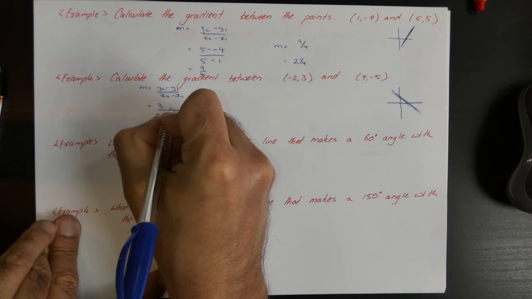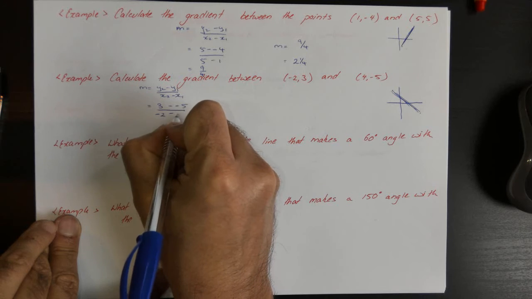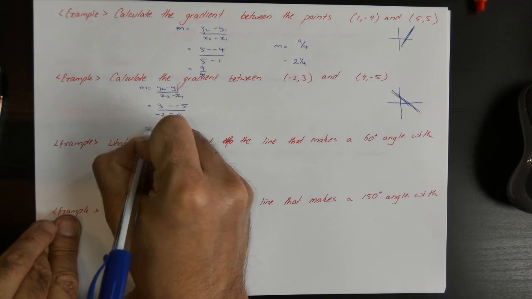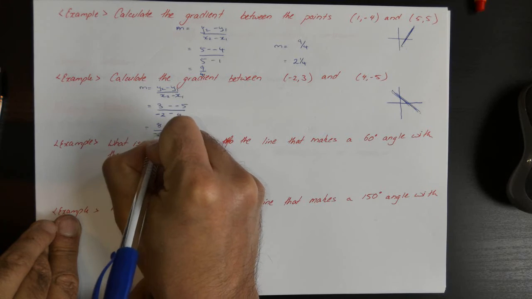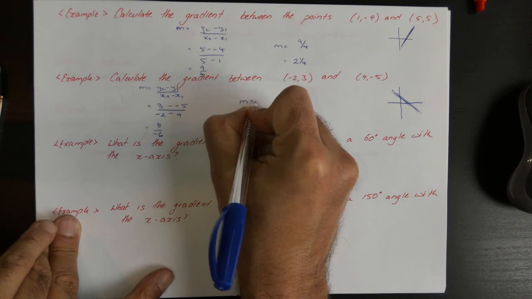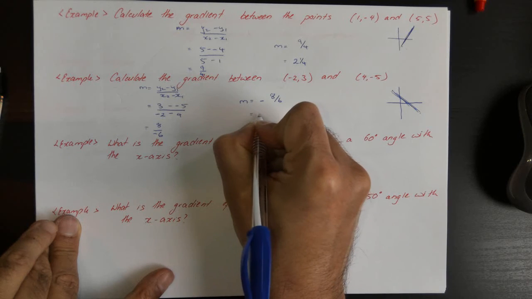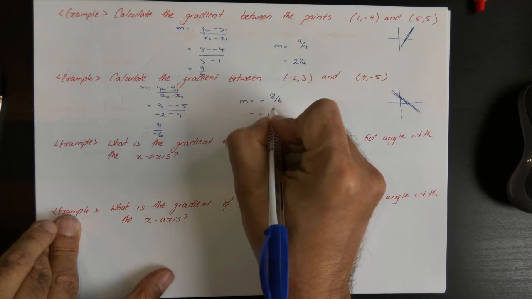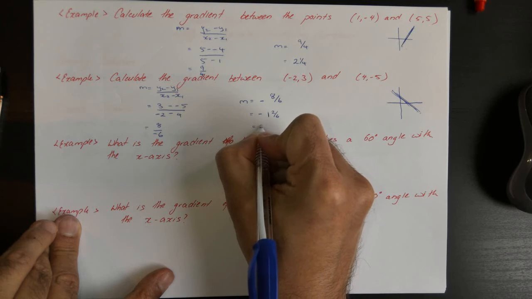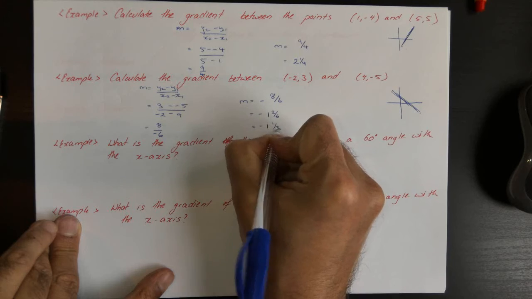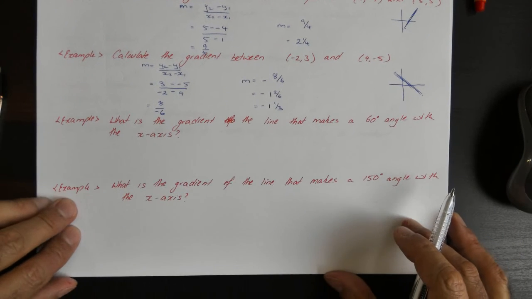So we've got -5 minus 3, which is -8, over 4 minus -2, which is 6. So my gradient is -8 over 6, or -1 and 2 over 6, which is technically -1 and 1/3. Okay, that's how I calculate gradients between 2 points.